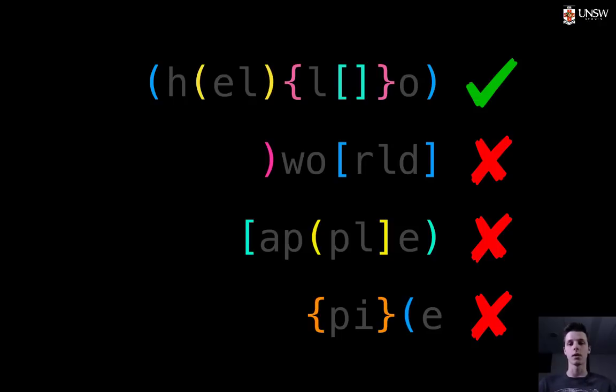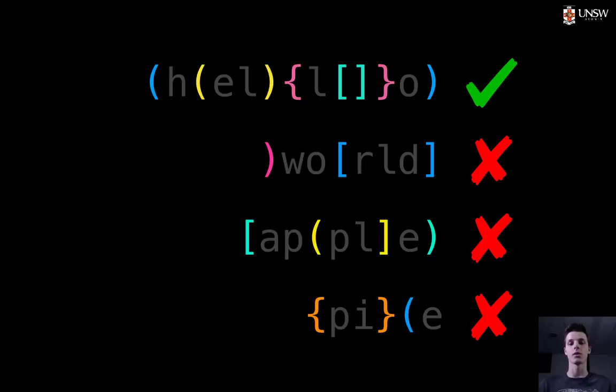Now, the second one is not a matching bracket string because the first closing parenthesis, the pink one, doesn't have a matching opening parenthesis. The third one isn't a bracket matching string because the bracket which we expect to match with the opening square bracket is in fact a closing parenthesis, so they don't match up.